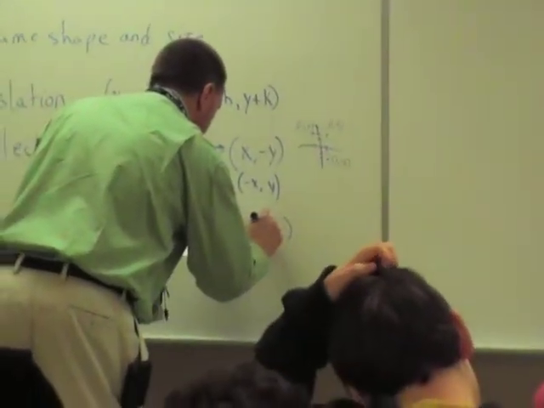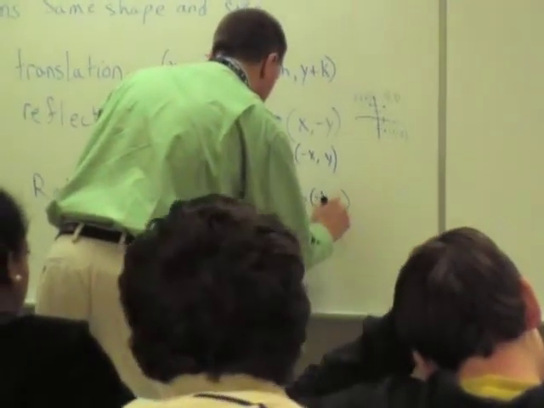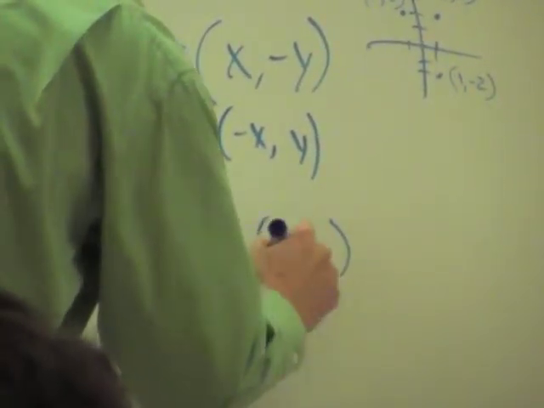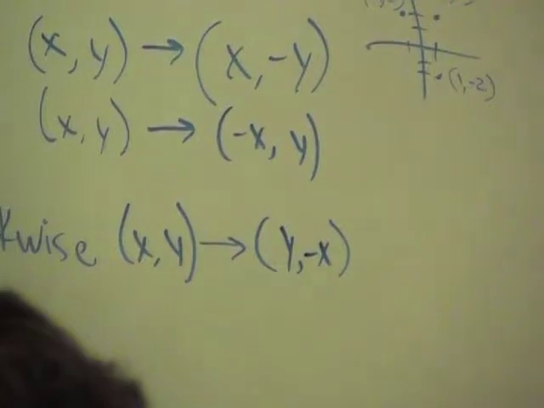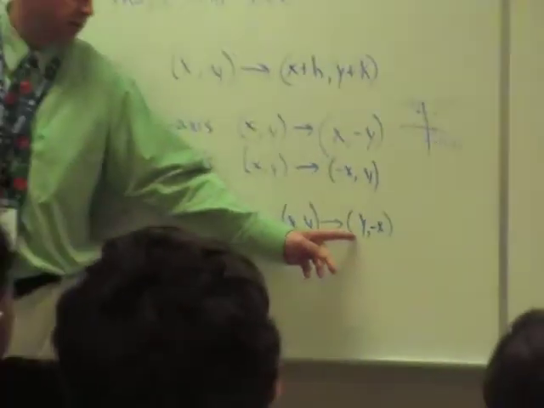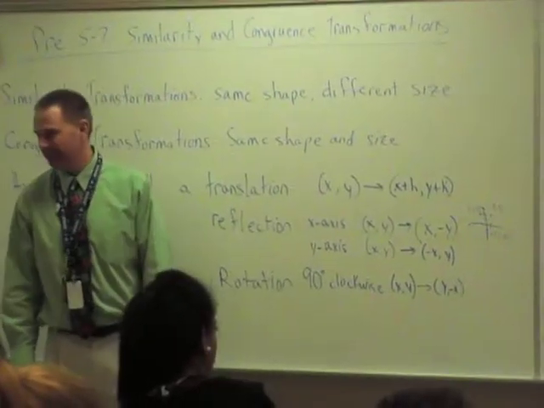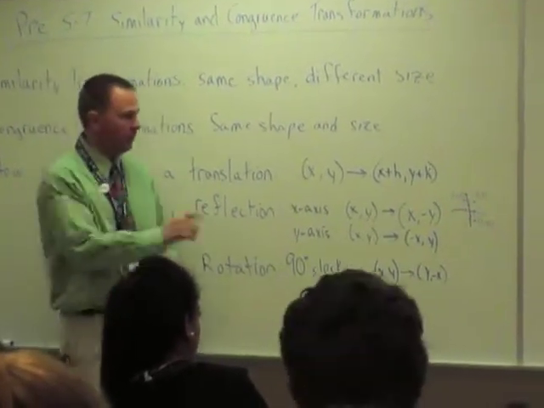So y changes to its opposite. Oops, I'm sorry, not for clockwise. The y moves into the x position. The x moves into the y position and becomes its opposite. Watch.